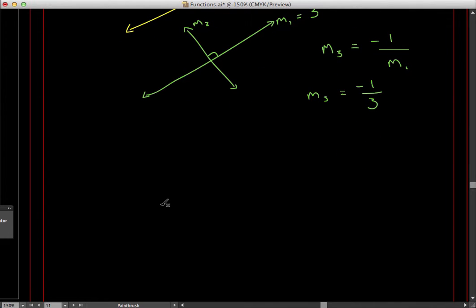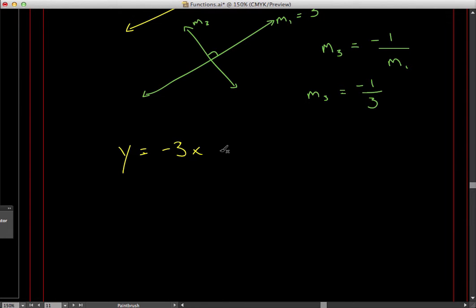So we can do a quick example. Say we're given the equation of a line as, let's say, y equals negative 3x plus 2. All right. Well, we know we have a slope of negative 3 and we have a y-intercept of 2.